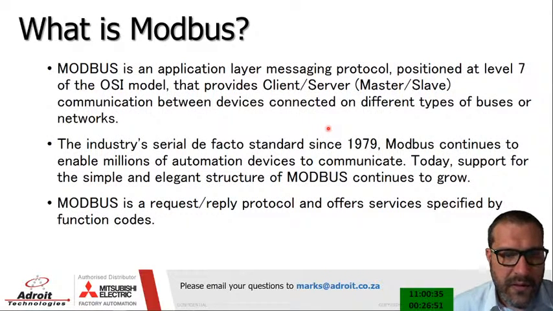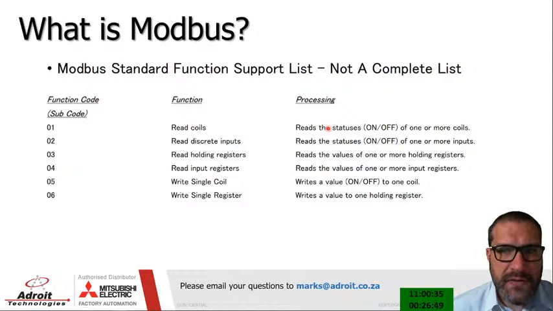When we speak about function codes, these are the function codes that we talk about. This is not a complete list; there are a lot of other function codes. The subcode is the type of address that you can speak to on any Modbus device.